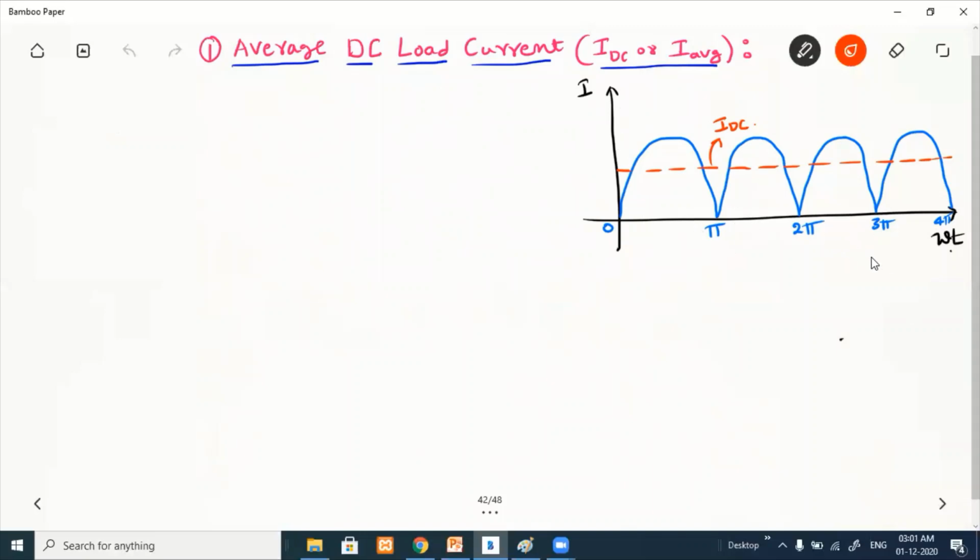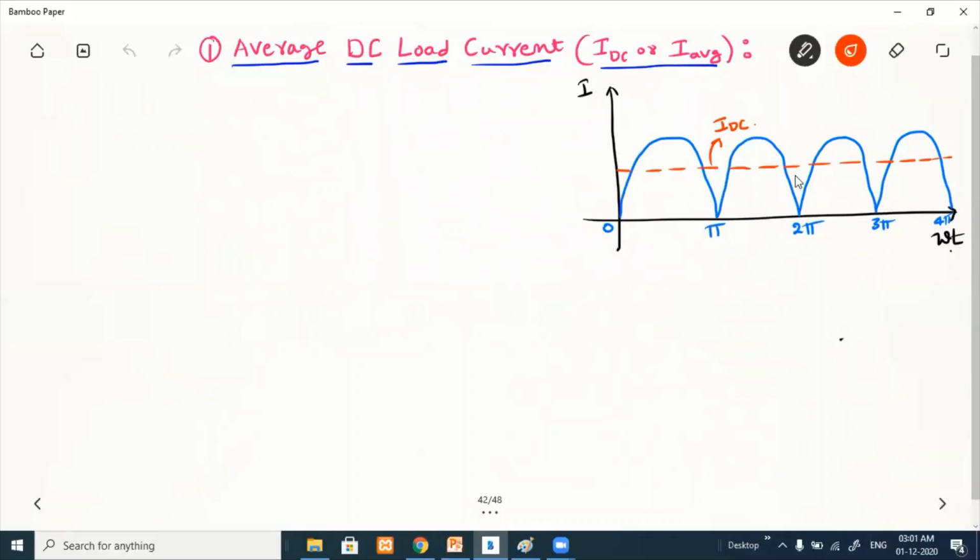So this is the output of center tapped full wave rectifier. In this, the current is flowing through the load during both positive and negative half cycles. Here we are arranging our load in such a way that during the negative half cycle also the current flowing through the load is the same as that of the positive half cycle current.